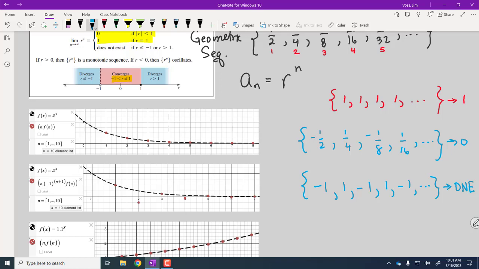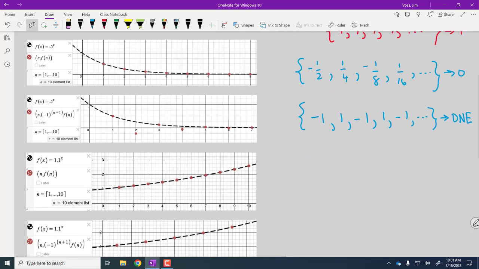If this is our geometric sequence, if we add all those ones together, do we get convergence for the series? No. If you add 1 plus 1 plus 1 plus 1 plus 1, that sum is going to go to infinity. So for a geometric series, the convergence will be -1 to 1, excluding both endpoints. But for a sequence, it does converge.